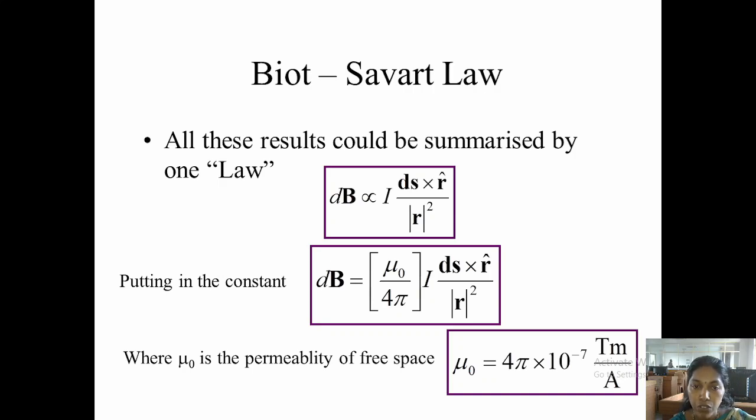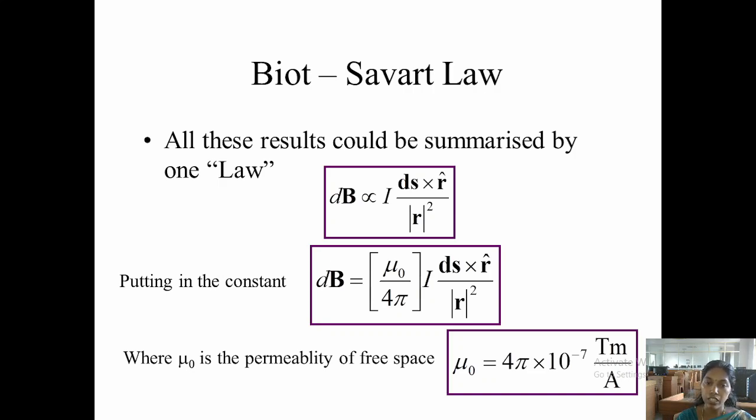While removing the proportionality, we provide a constant. The constant is mu naught by 4 pi: I ds vector cross r vector divided by r square. Here mu naught is the permeability of free space, whose value is 4 pi times 10 power minus 7.